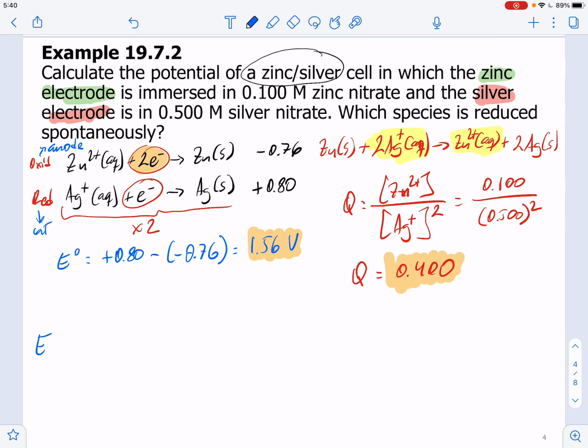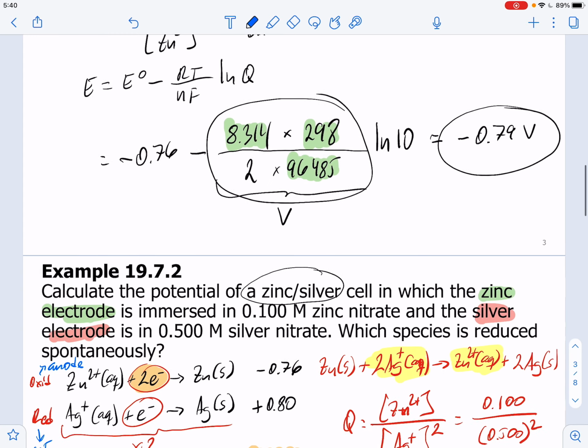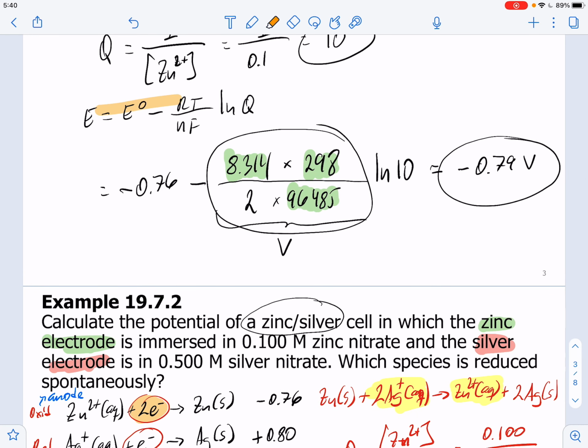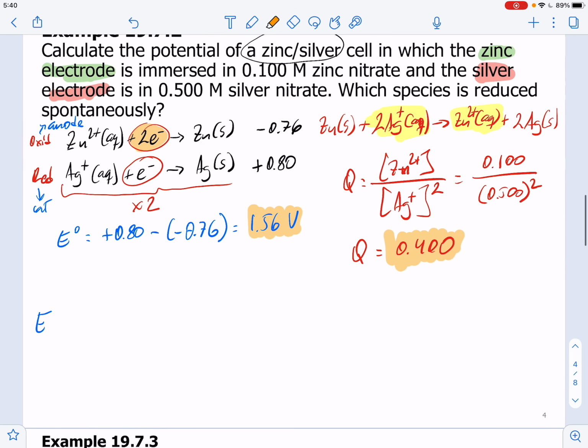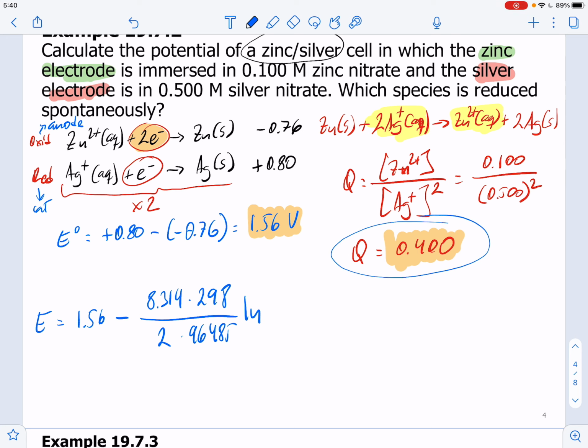Remember the equation is this one right here. Your potential is going to be 1.56 minus 8.314 times 298 divided by 2 times 96,485 times the logarithm of Q, which is this number here, 0.400.